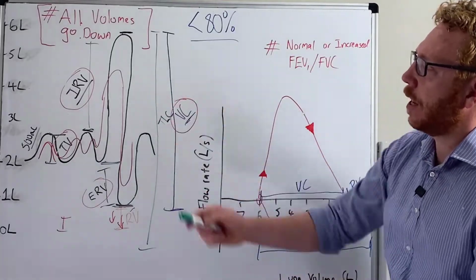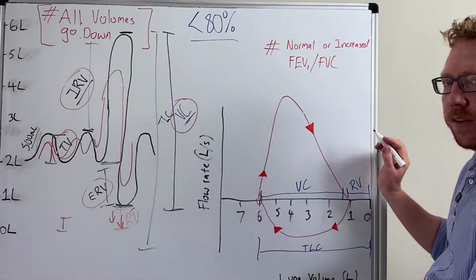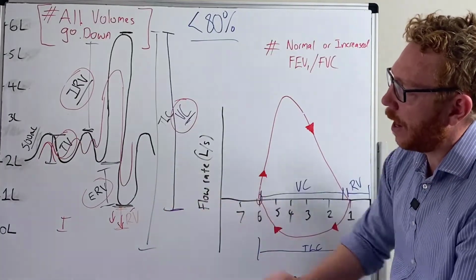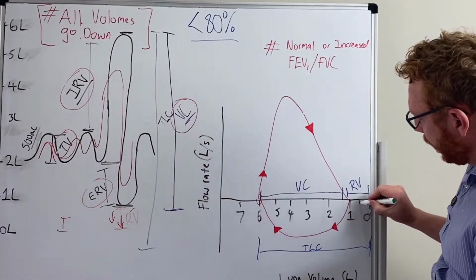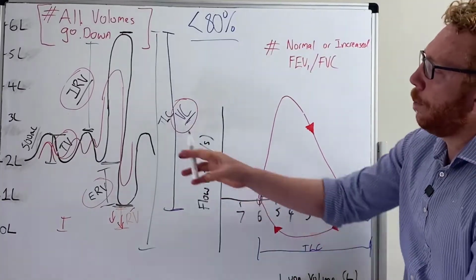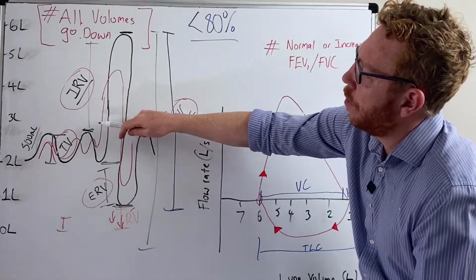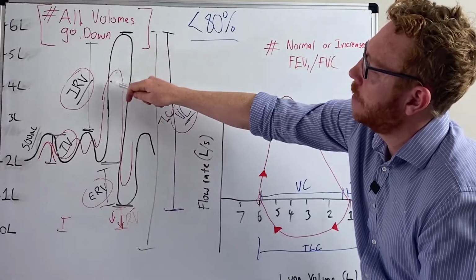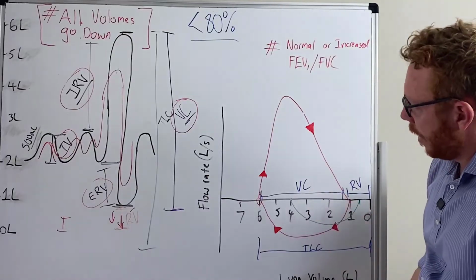Now, let's have a look at what it would look like for a restrictive lung disease. First difference is we start with a lower residual volume, because remember, all volumes go down. So let's say we start with half a litre. Now, your ability to go to that height with inspiratory reserve volume is less. We saw that. So instead of 6, we come to 4. So we only go out to here.